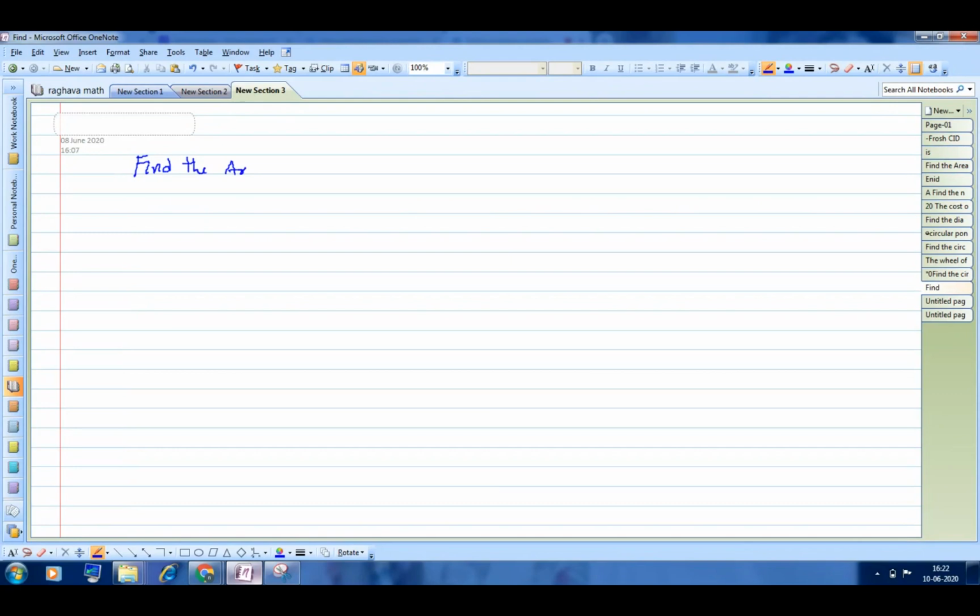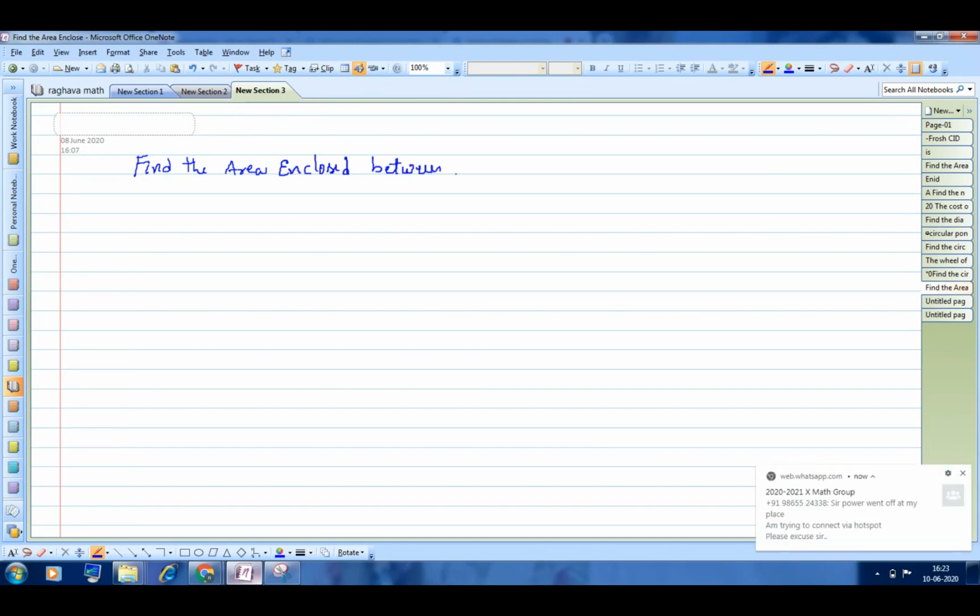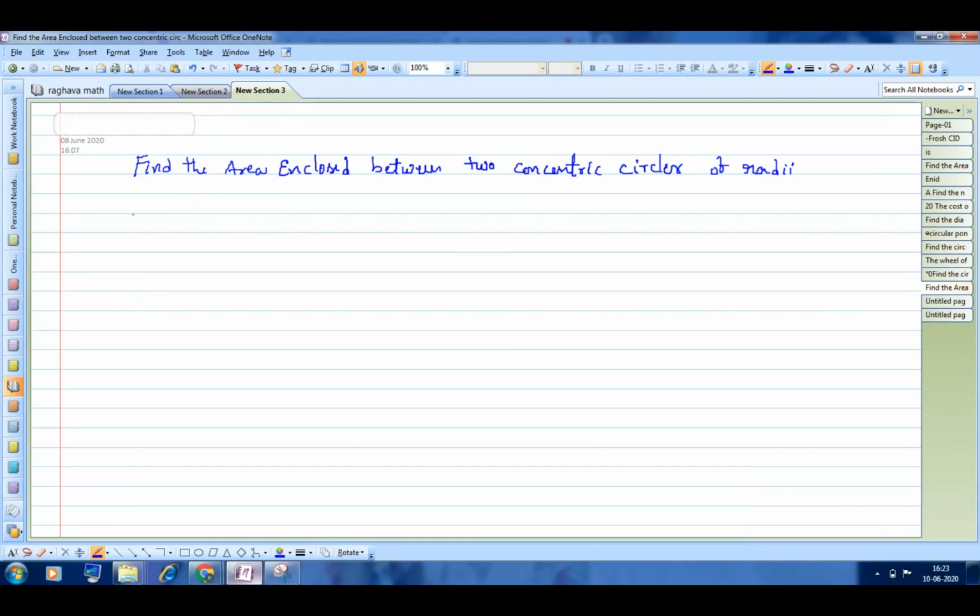Find the area enclosed between two concentric circles of radii 3.5 centimeter and 7 centimeter.